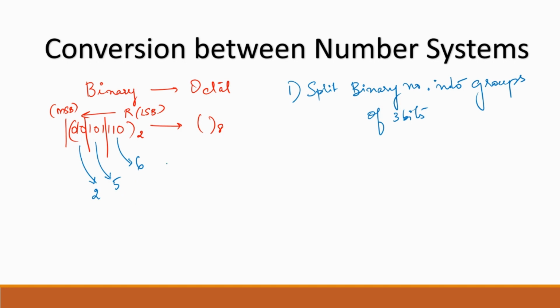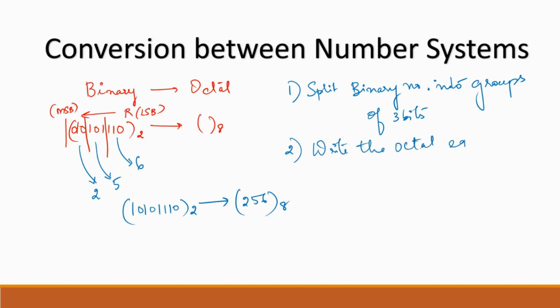So therefore, this particular binary number 010 101 110, actually the number didn't have a 0 in the beginning because we padded it, can be written as 256 in the octal number system. So the second step is to write the octal equivalent of each group.